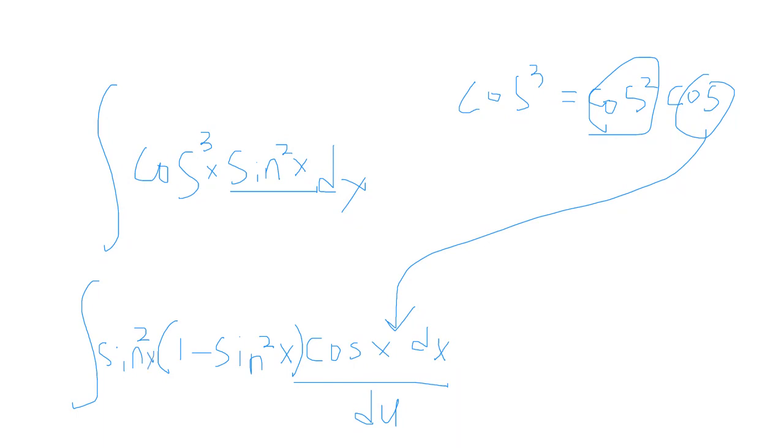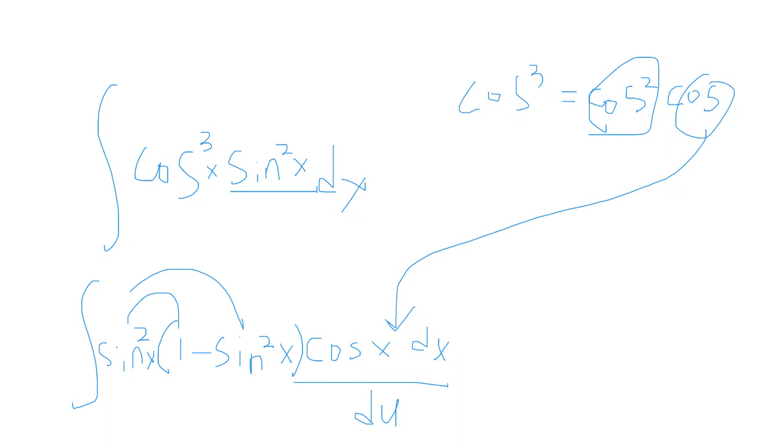Now when I multiply, I get a sine square, right? Sine square times sine square, negative sine square, I get a negative sine raised by 4. Zachariah, that's what you got so far, right? That's your integrand. Then we substitute.